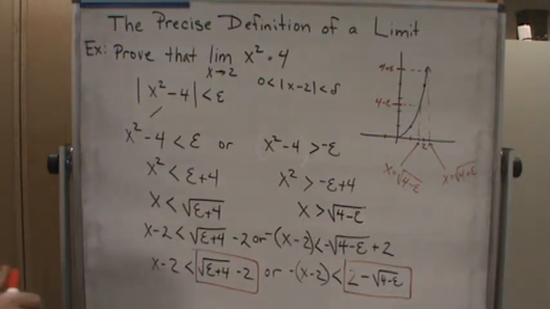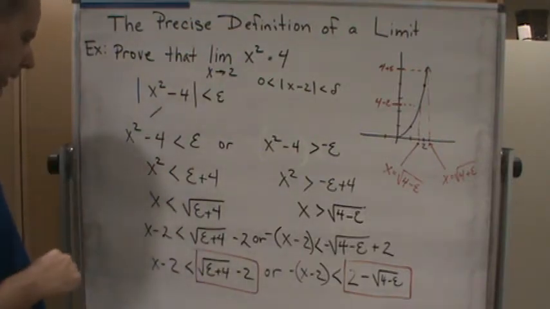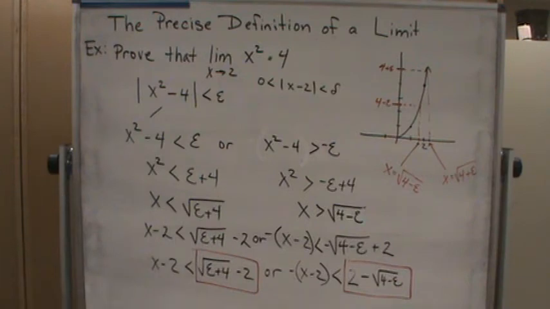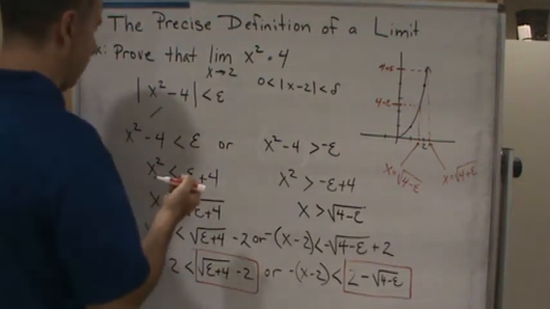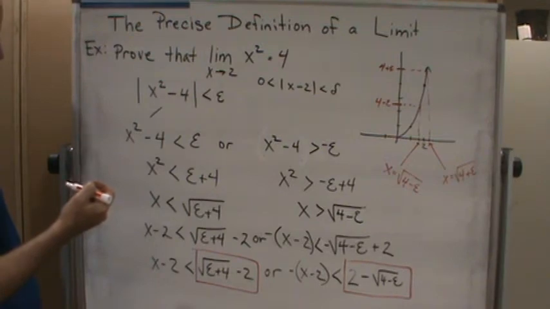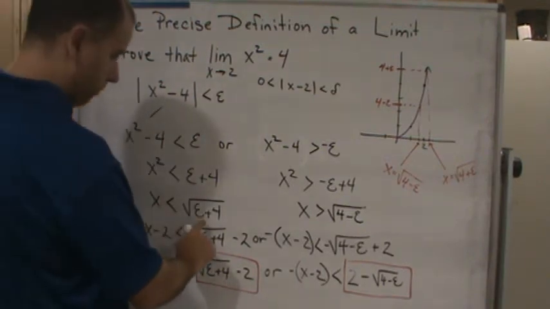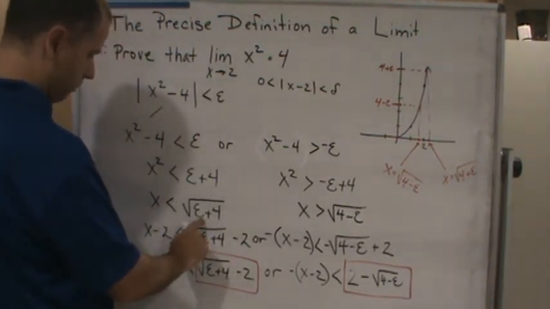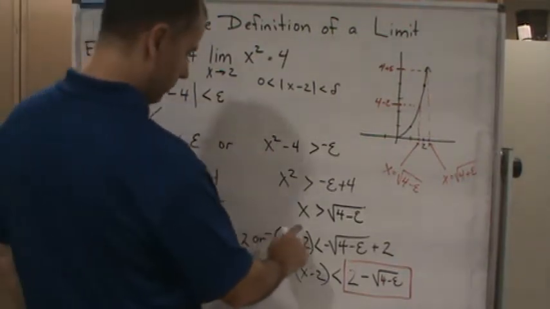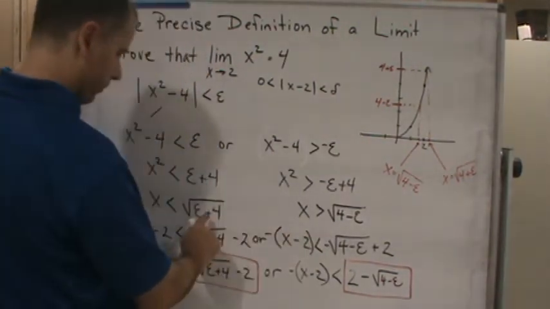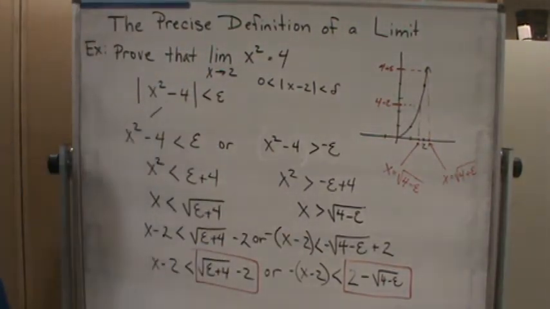So the other thing too is I want epsilon, if we go back up here, where is it at? Right here. Epsilon has to be less than 4.